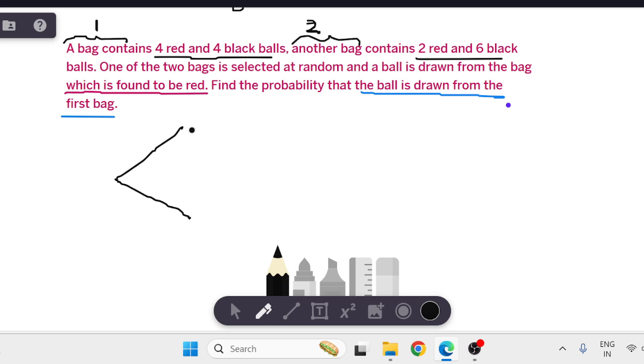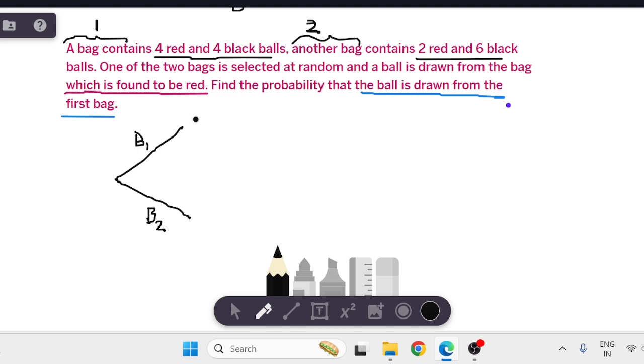Okay. A ball is drawn from the first bag, so bag 1 is the first and bag 2 is the second.